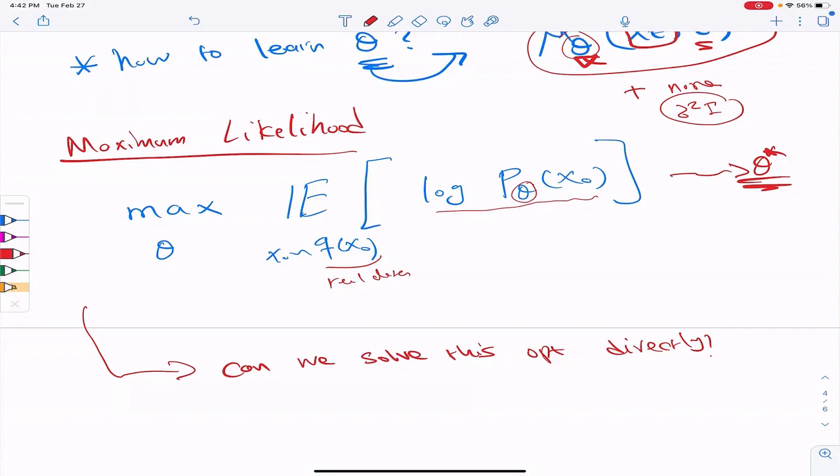In VAE, again, we use a similar approach. We had a probabilistic model. We formulated the maximum likelihood. Could we solve the maximum likelihood directly? No. And what was the approach that we did in order to approximately solve the maximum likelihood? We used the variational lower bound.